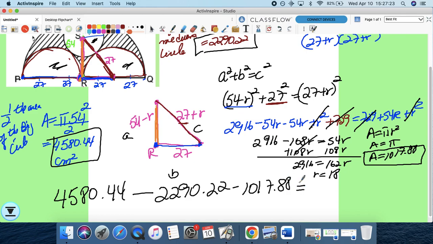That's going to give us our shaded region. 4580.44 minus 2290.22 minus 1017.88. Final answer, 1,272.34. And that, if I didn't make any mistakes, is the area of the shaded region. Okay.